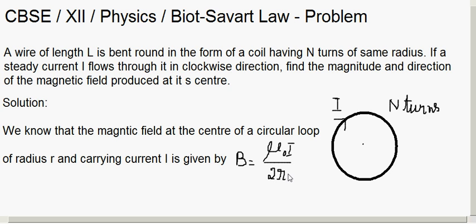Now if there are n turns, then this B will be multiplied by n.